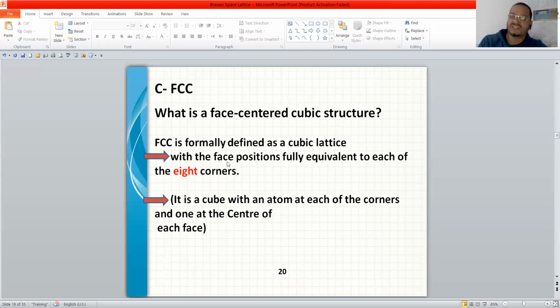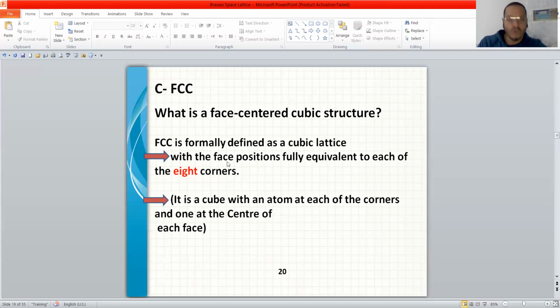Not actually, we are dealing with one atom in each face. Why? Because this atom, part of it is inside this cube and it shares another part of its body with another cube. Because of that, we have an atom in each face, because every atom is shared with 2 different cubes.